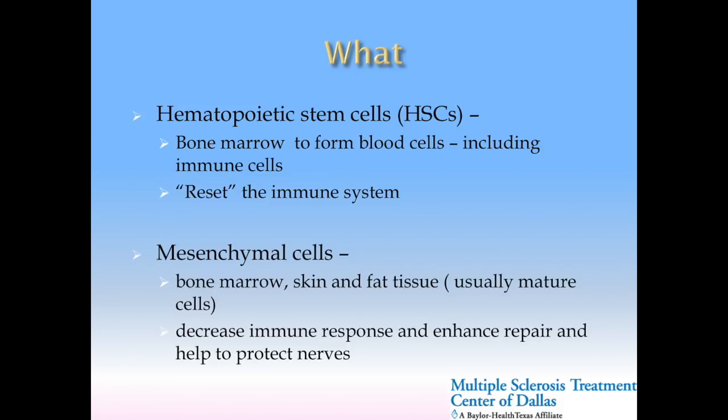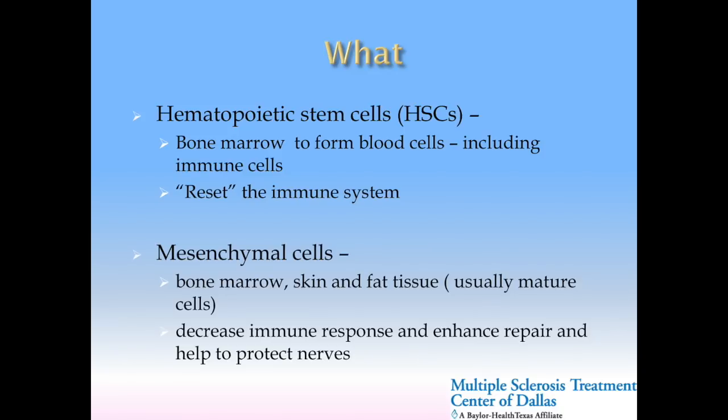Hematopoietic stem cell, HSC, most stem cells start in the bone marrow, and these are destined to become blood cells. So red blood cells, white blood cells, platelets, lymphocytes. Those immune cells, they are destined to become white blood cells.